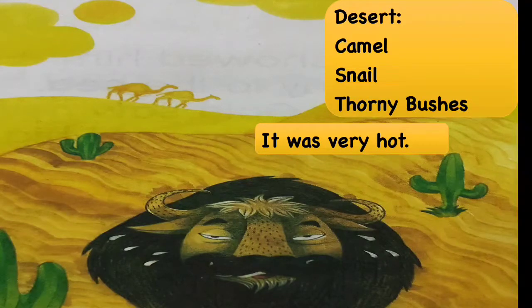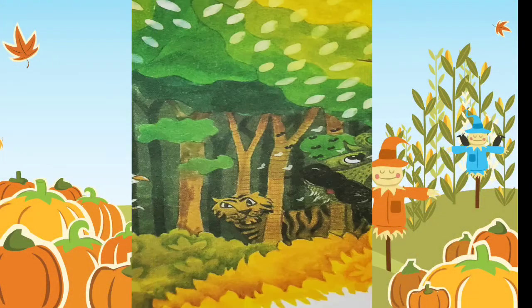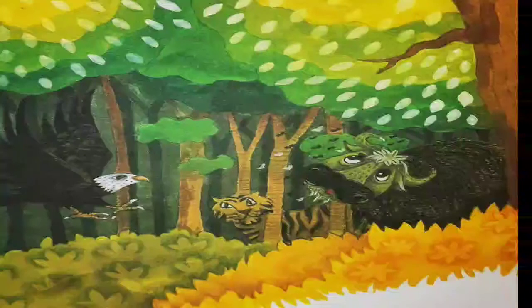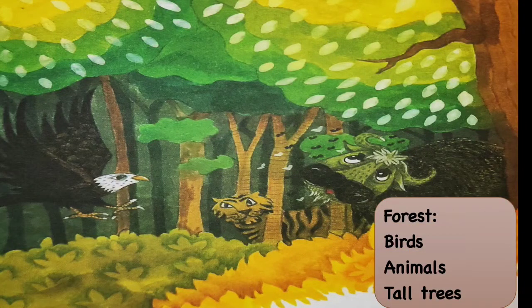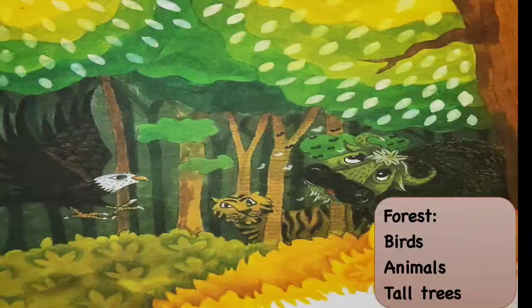Now, let's show him the fourth place, Muri said. So, Muri showed him the way to the forest. Now, while they were walking in the forest, he saw birds, animals, and tall trees. Did he like it there?